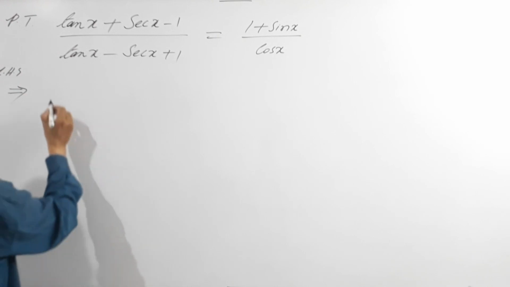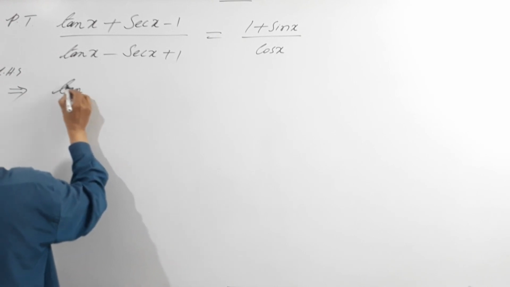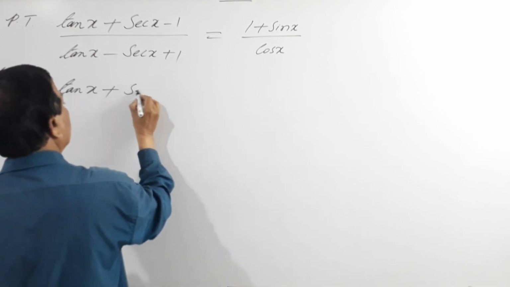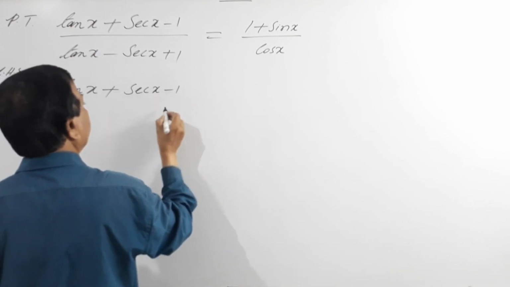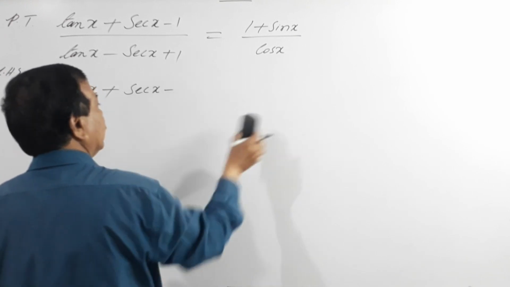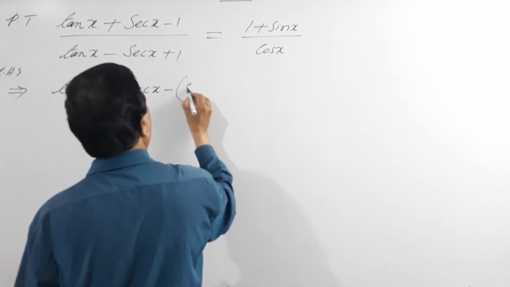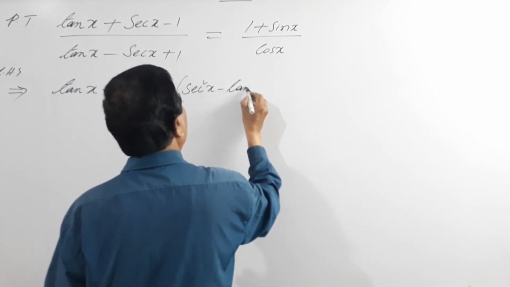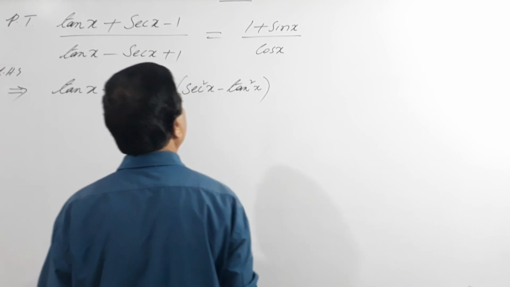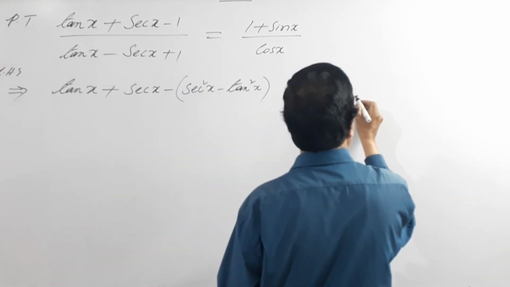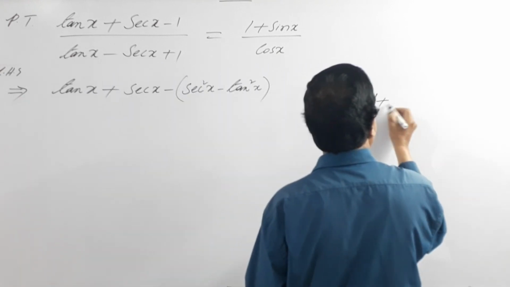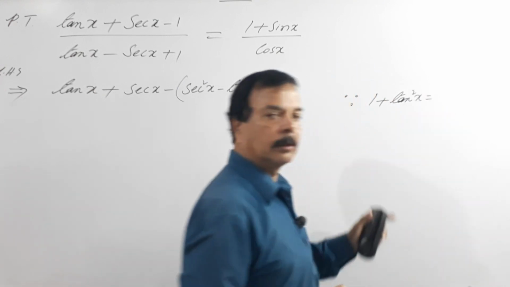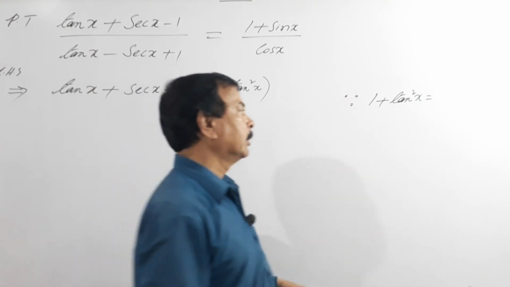LHS, what we have? Tan x plus secant x minus 1. For minus 1 I'll write secant square x minus tan square x, because since 1 plus tan square x equals to what?